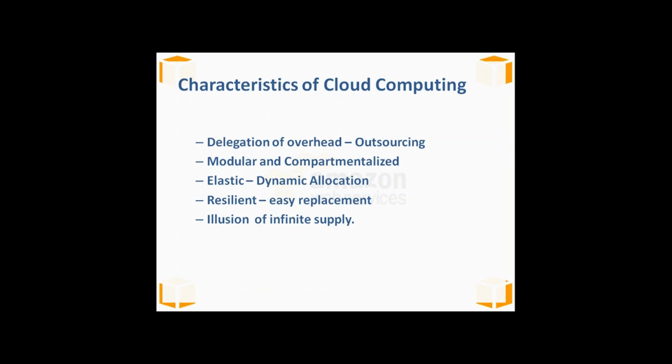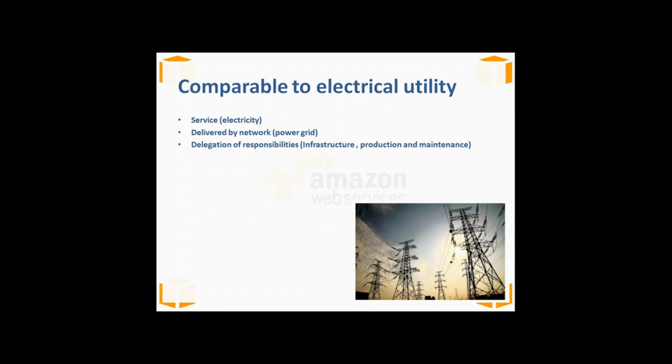Now, let us go ahead and talk more about comparing cloud computing with an electrical utility. Let's consider a basic component of cloud computing as a service, which I can compare with electricity.